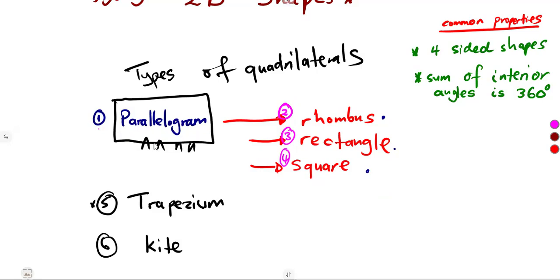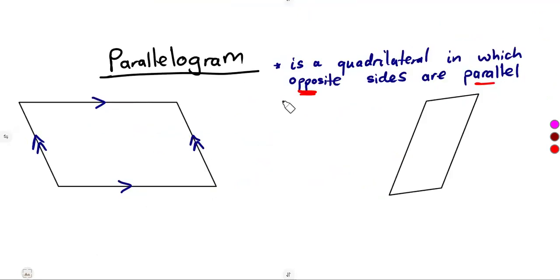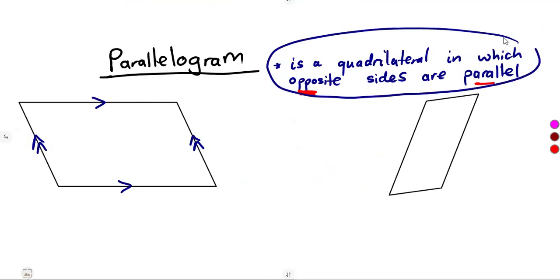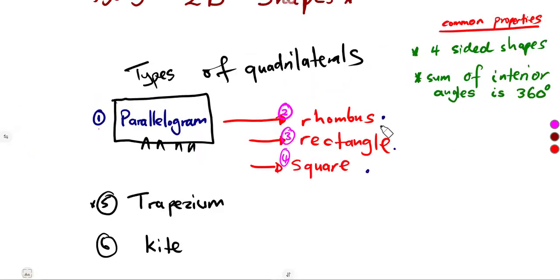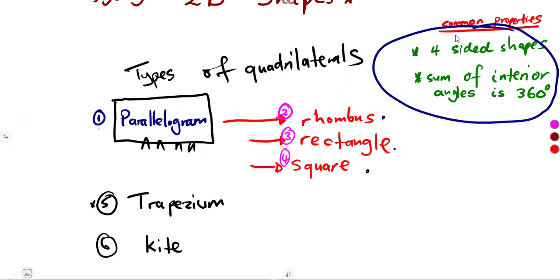So the major property that this mother is giving to these three is what? The condition of parallel sides: opposite sides are parallel. So this is the major property for shapes which fall under parallelogram, which is a rhombus, a rectangle, a square. Do not forget that the four-sided shape and sum of interior angles is for all quadrilaterals.